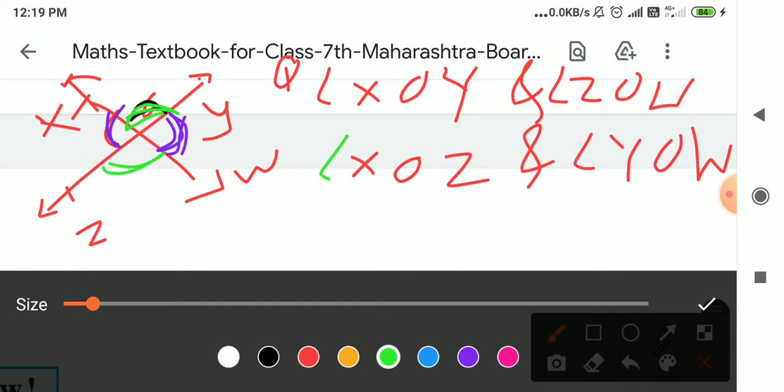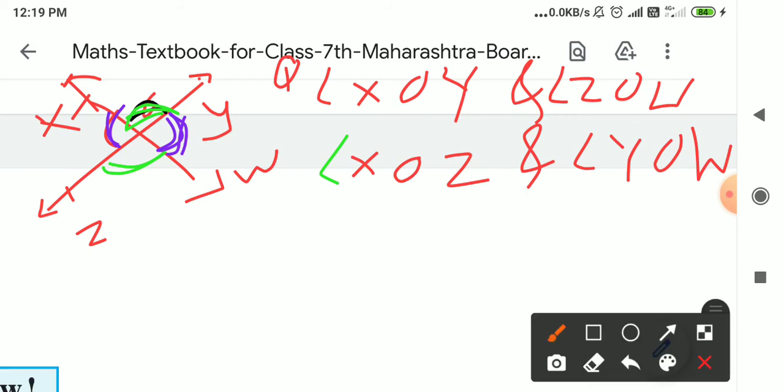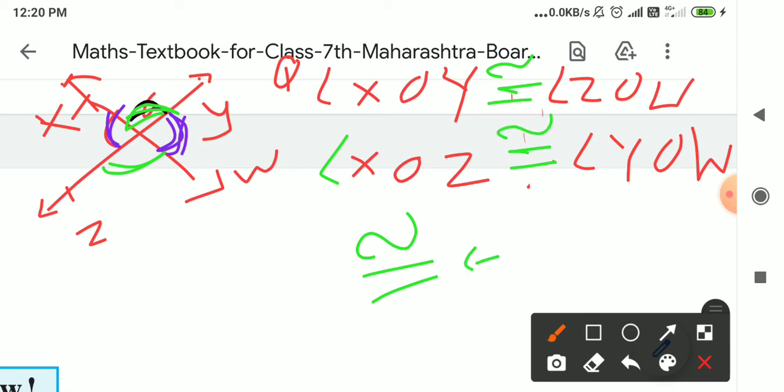Clear to all of you? One more thing you will study in 8th standard: these two vertically opposite angles are congruent to each other. The word congruent means having equal measure, and the sign of congruence is an equal-to sign with a horizontal line. So congruency means having equal measure.